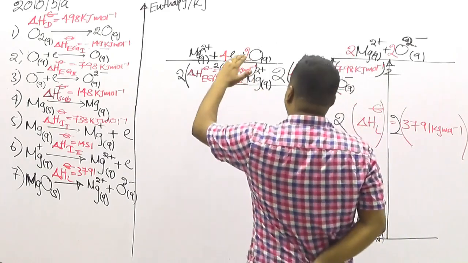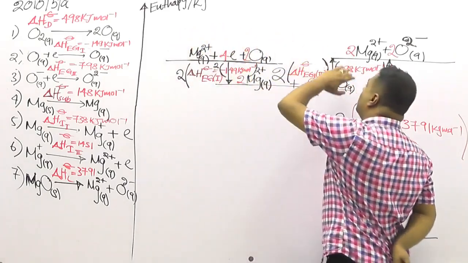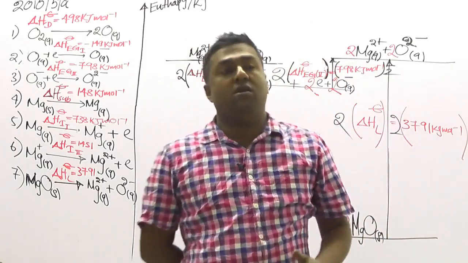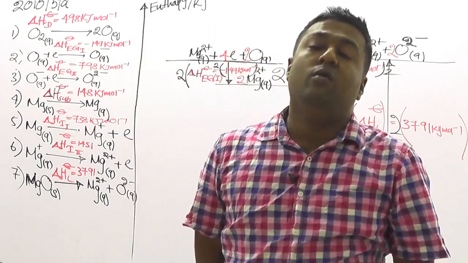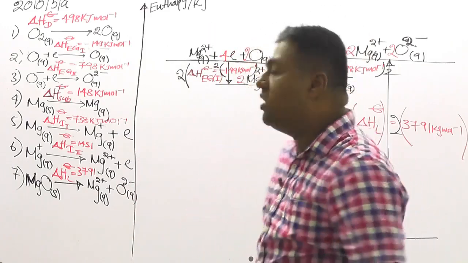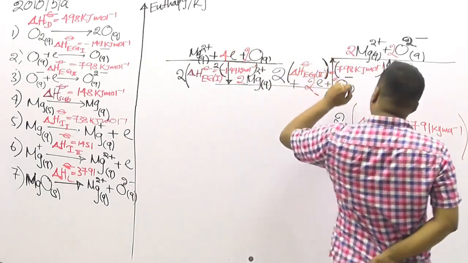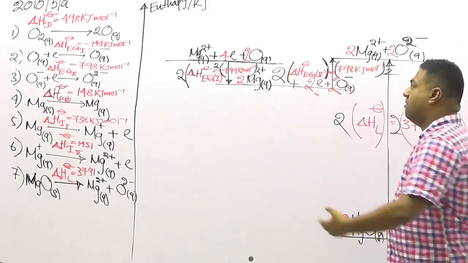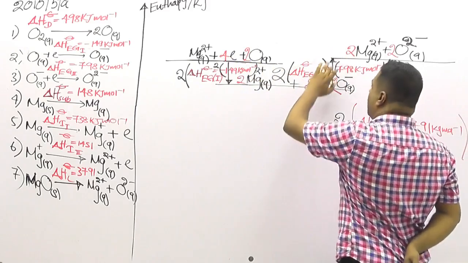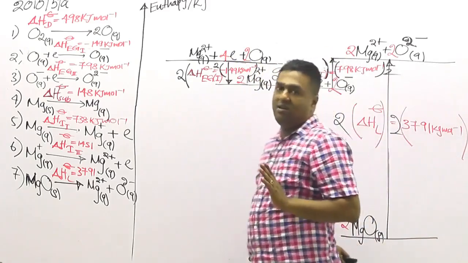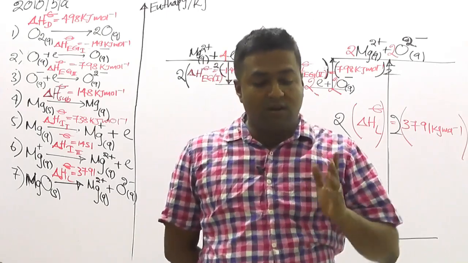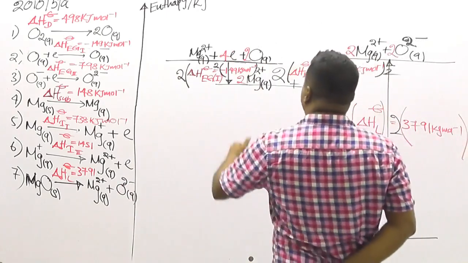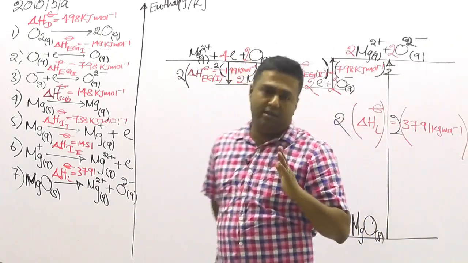Because it's a rough sketch, it is somewhere here. 300 is not greater than 1500, but it is in between this energy level and this, because it is 300. So that's why I took the enthalpy level somewhere here, right.